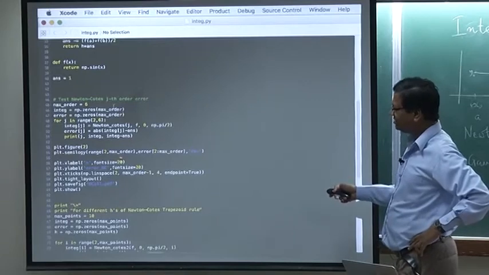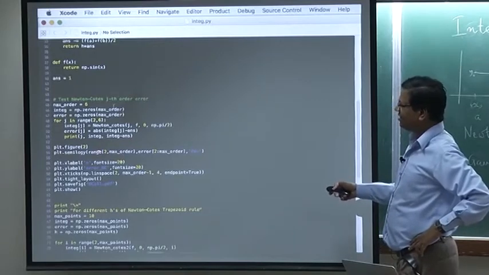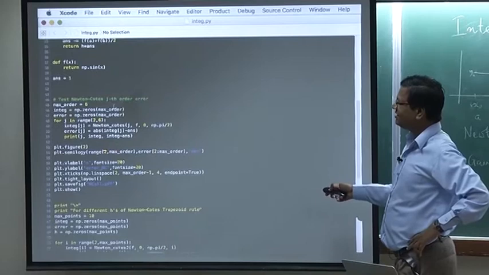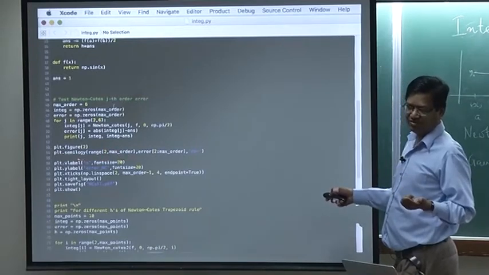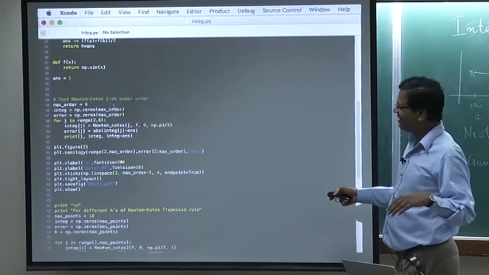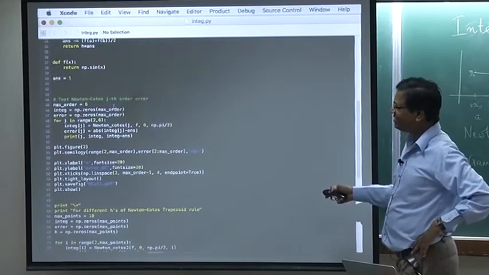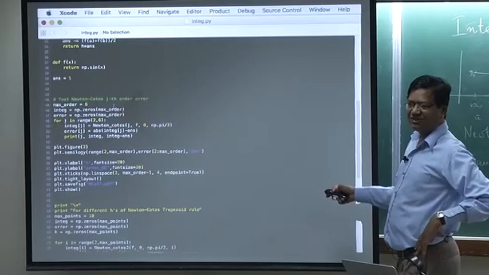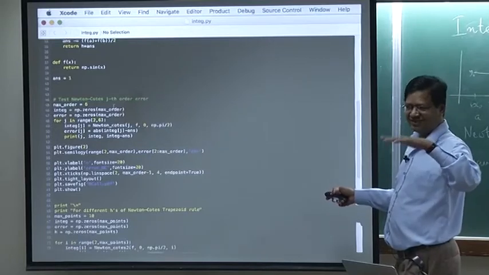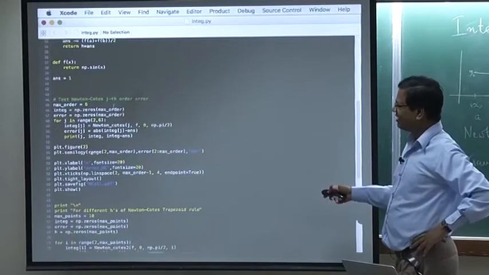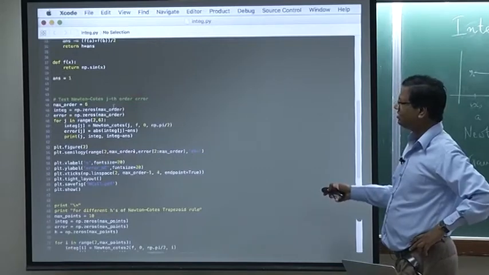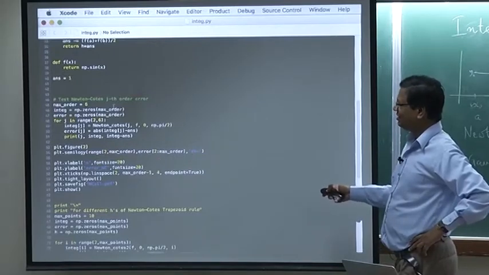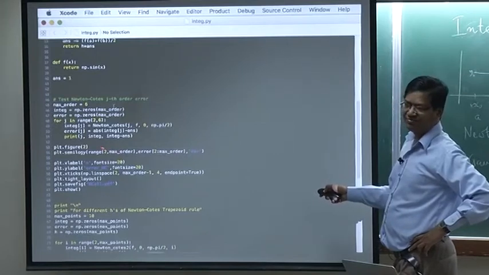I also plot it. Remember, I need at least 2 points, so I should not plot for point 1 or point 0 because they are all zeros. They are plotted in log scale because the error is falling kind of exponentially. So I am putting log scale, and this is 2 to max order. It will go to max order minus 1, right?